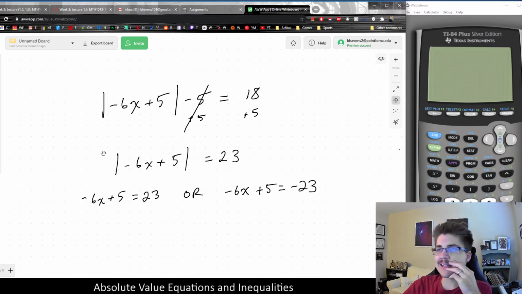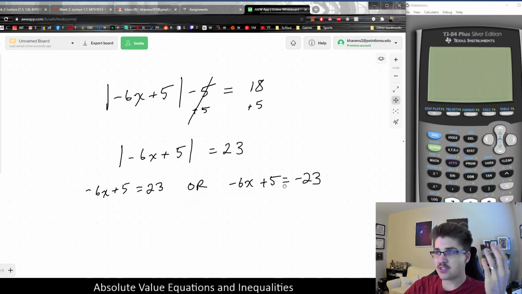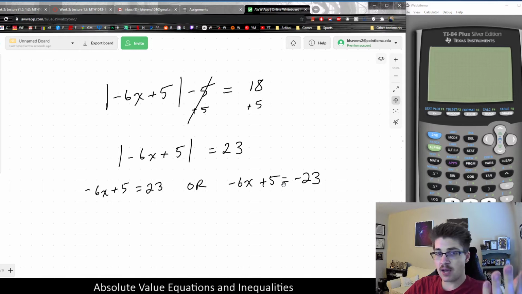The first part is just the exact same equation with the absolute value dropped. The easy way to remember it is that the second part is the same thing, but you're changing it to a negative, because the inside could be either positive or negative, and it will work in either case. Now we can just solve each individual equation, and that should give us our answers.